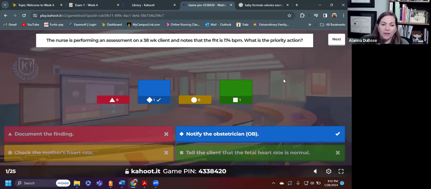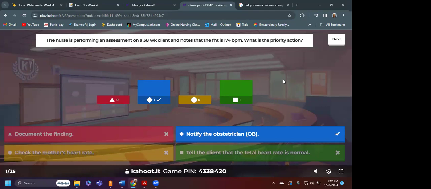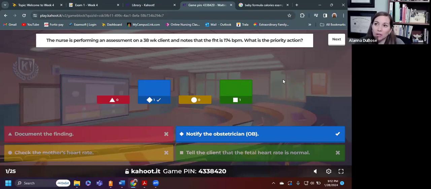What's one of the reasons that the heart rate might be high? Anybody know that from your studies or lectures? Maybe the position of the baby. Not usually. The position will only affect things if the baby's laying on the cord or something, then you might see a deceleration, but you wouldn't normally expect an elevated heart rate for that reason.